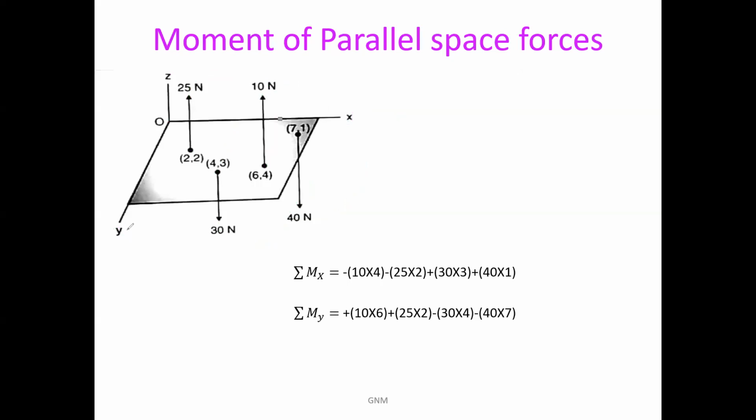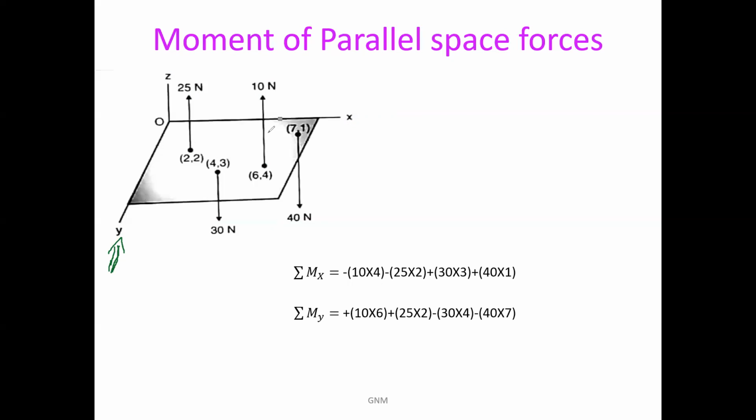To write this moment, let us assume that I am observing this figure from this direction. So this is my direction of observation. With respect to this direction of observation, let us see how all forces will rotate about y-axis.